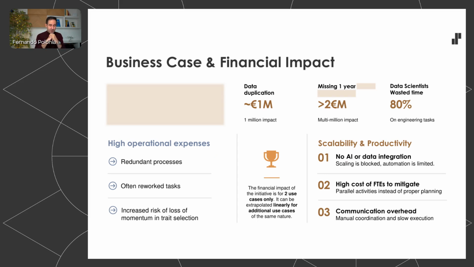And how's this for a business case and a financial impact? This is from the same case we poked. What are the consequences of this? Oh yeah, you can miss an entire research cycle. Great. What does it mean? I missed it. So how long is a cycle? A cycle is 1 year.